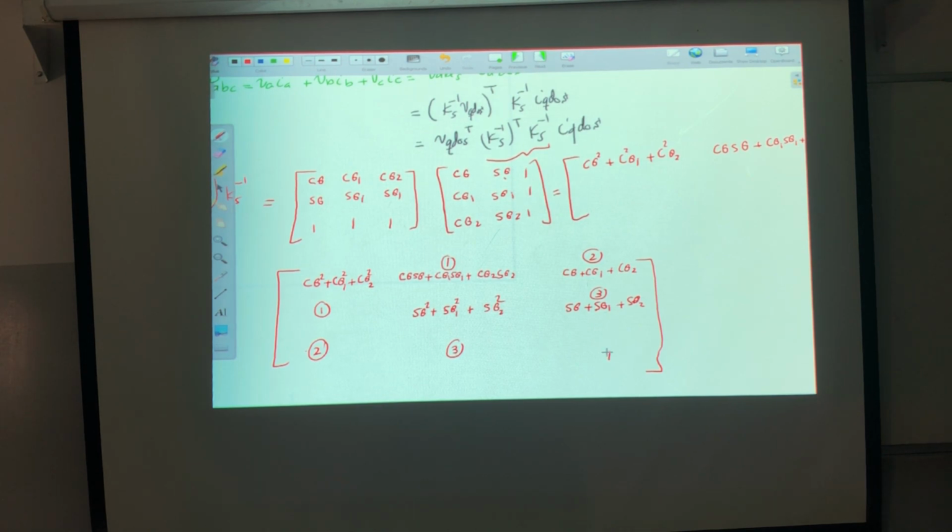This one? Yeah, 3. Oh, there is 1 over 3. That was here, so it's coming back. This 1 plus 1 plus 1 is what? Is it 3? It's 3.